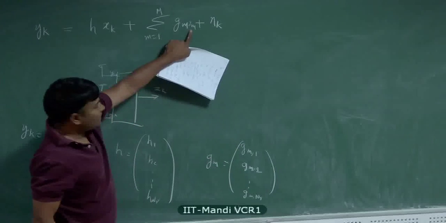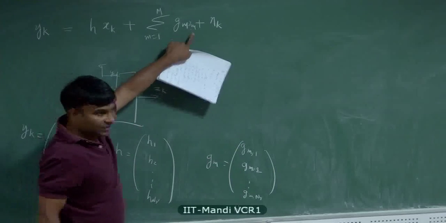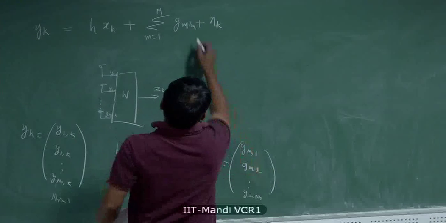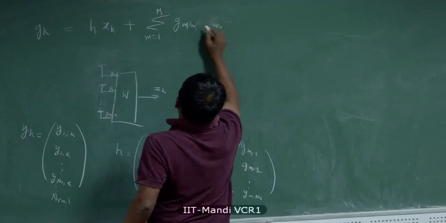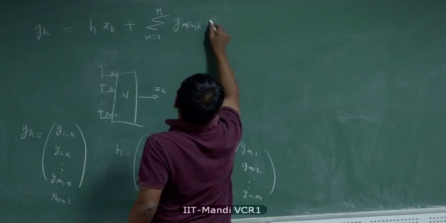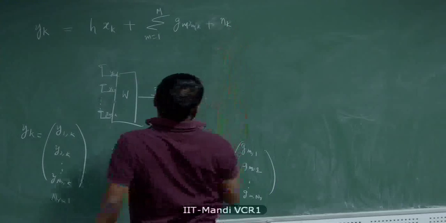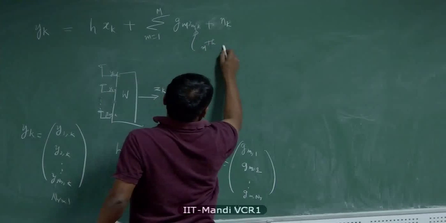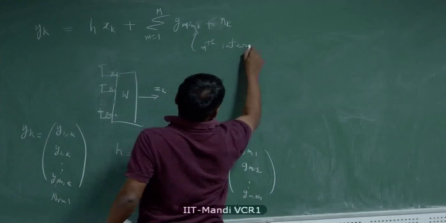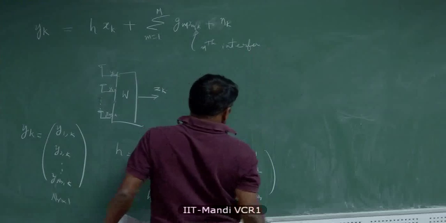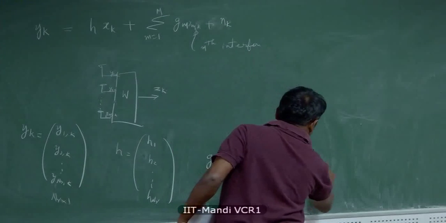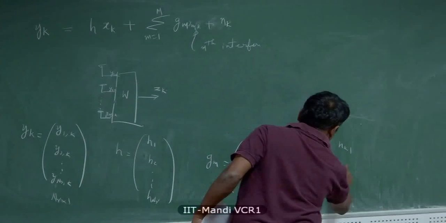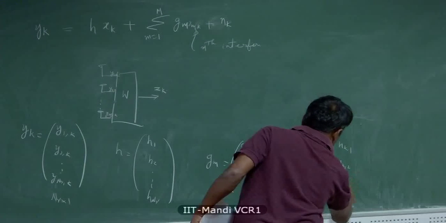And the modulation alphabet XM comma K is the symbol of the mth interferer, and NK is additive white Gaussian noise captured from all receivers.